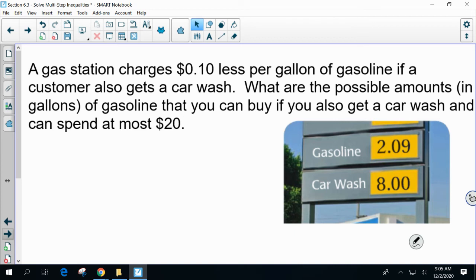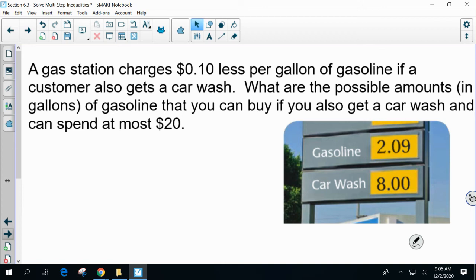So if I'm saying you're spending at the most $20, does that include you could spend 20? Okay. So that means we're going to have an or equal to sign because I can spend 20, just not over. So in order to figure out the cost of, so a car wash is $8, right?